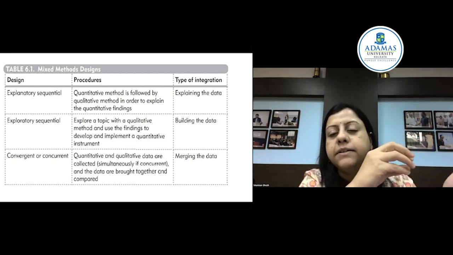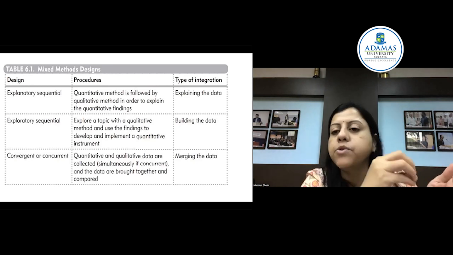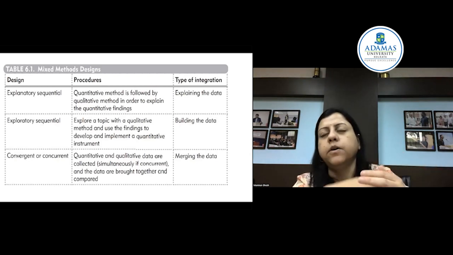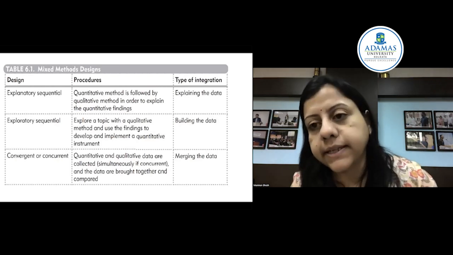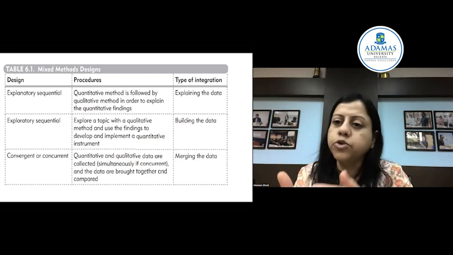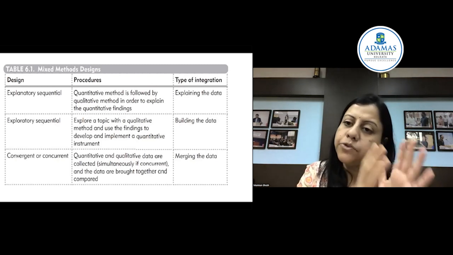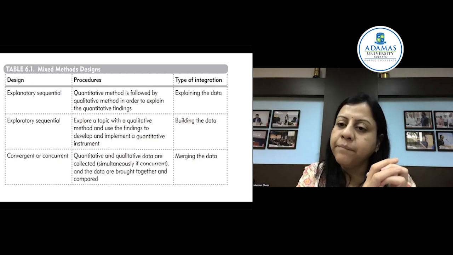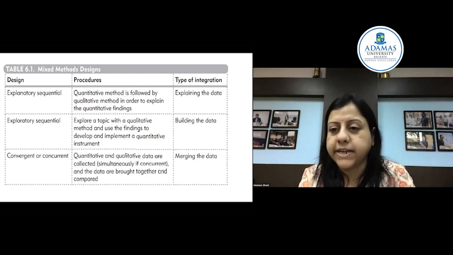So in the second stage, to whom you are doing interviews or focus groups or any other techniques, those selected people are already a part of your survey, and you have a strong rationale for why you have chosen them for the next stage of your study.